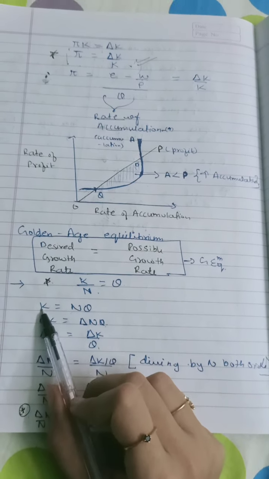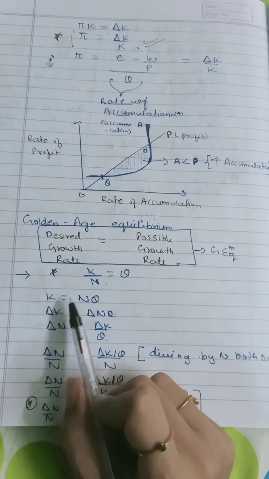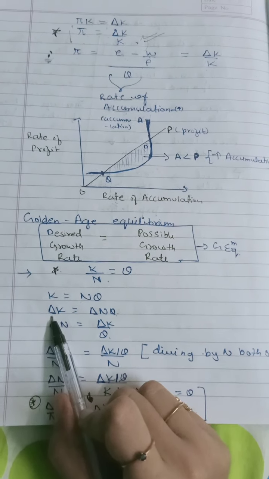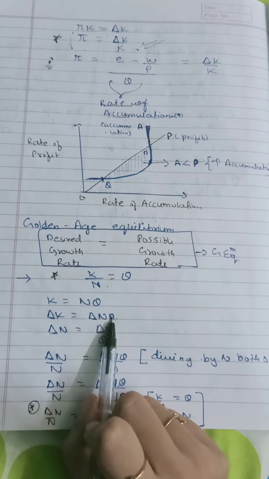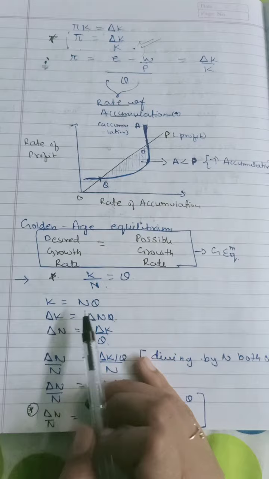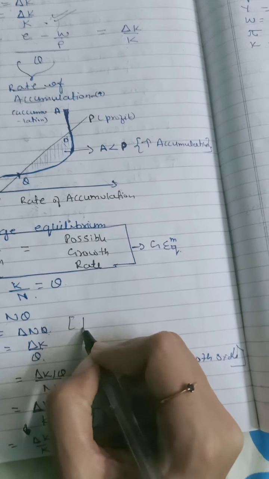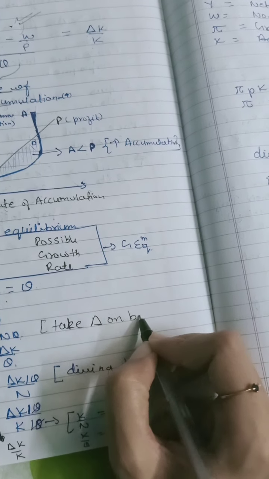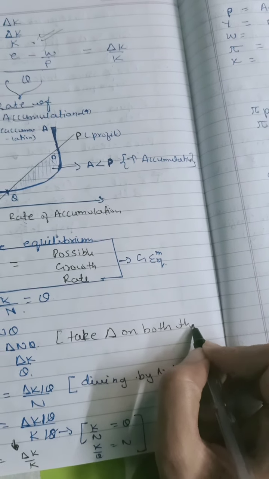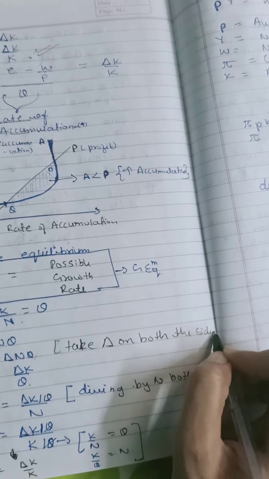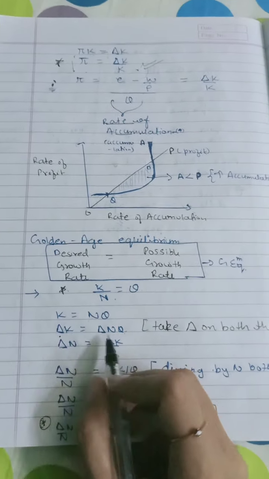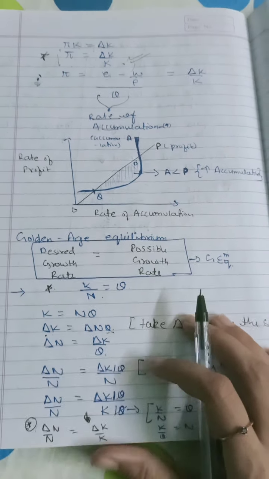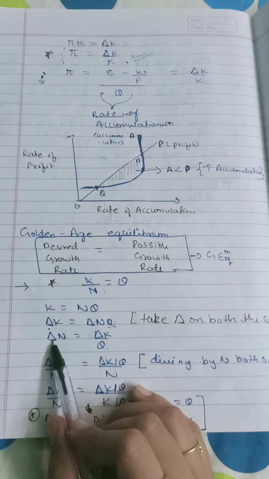If you take out capital from this equation, then you are left with N into Q, and the change in K. If we take change on both sides, then you can write the change in capital, change in N, and this will be left with Q as it is constant.